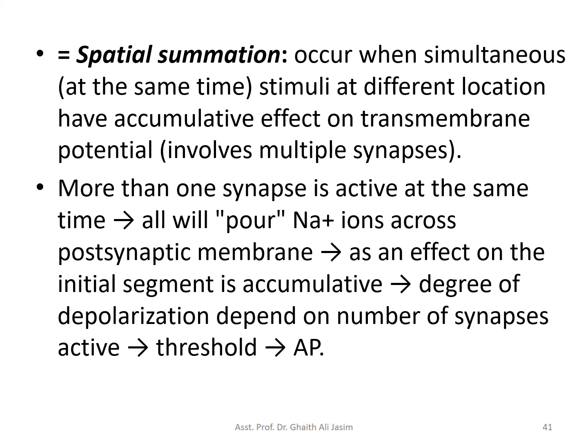The degree of depolarization depends on the number of synapses active. So the more activated, the more depolarization that happens, and it could bring us to threshold, and an action potential will generate.